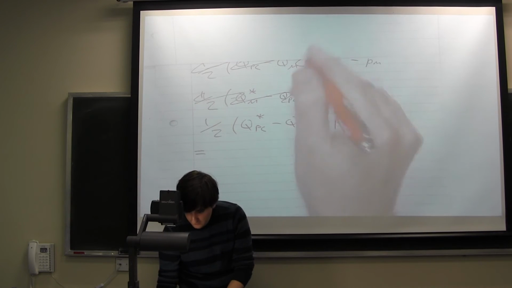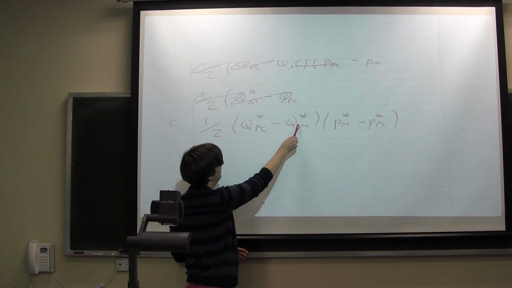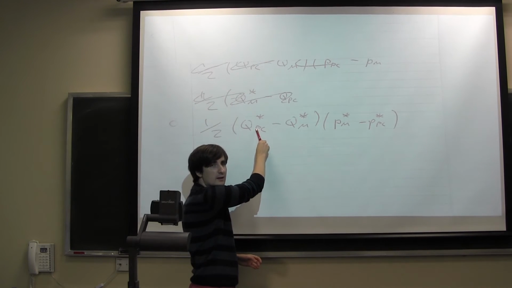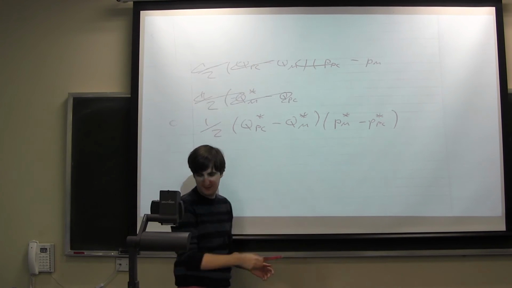So Q_PC, well, remember we said that Q_M was half of Q_PC, so Q_PC minus Q_M is just Q_M.